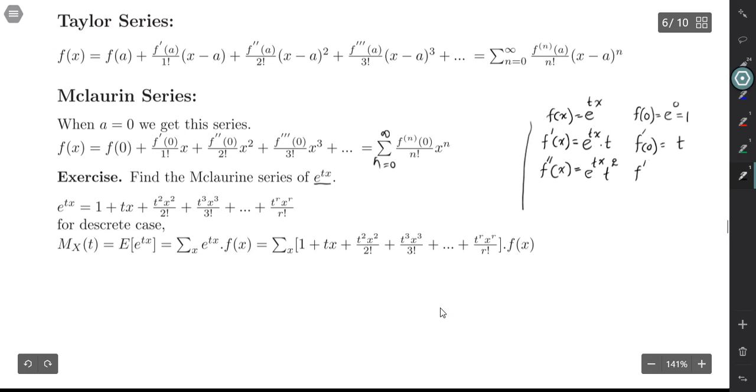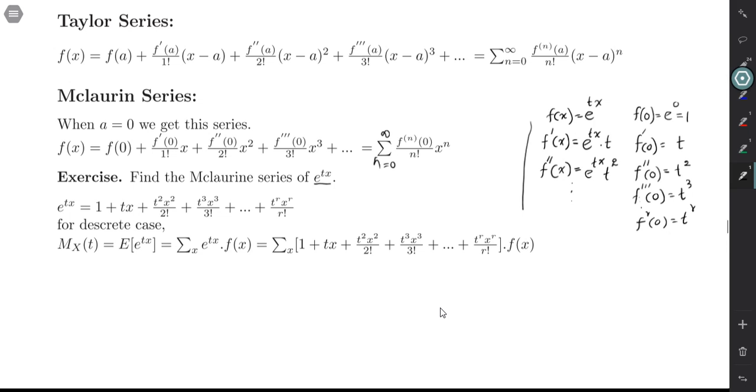Then the second derivative of f evaluated at 0 is, since e to the 0 is 1, simply t square. You can see the pattern. If you continue this, say for the third derivative evaluated at 0, it will be t to the power 3. And likewise, for the rth one, this will be t to the power r.